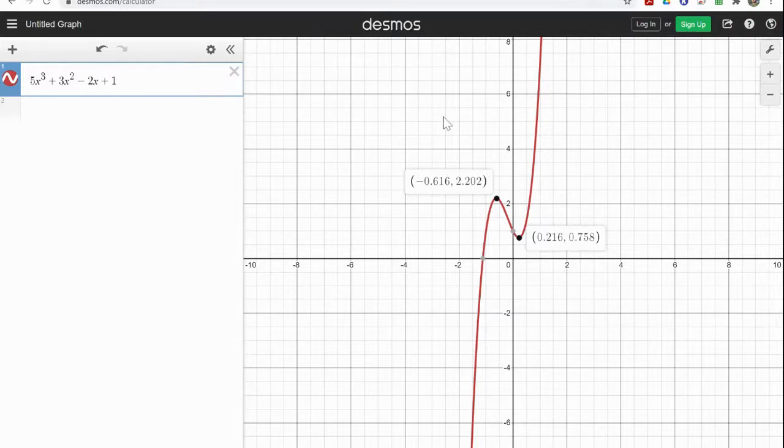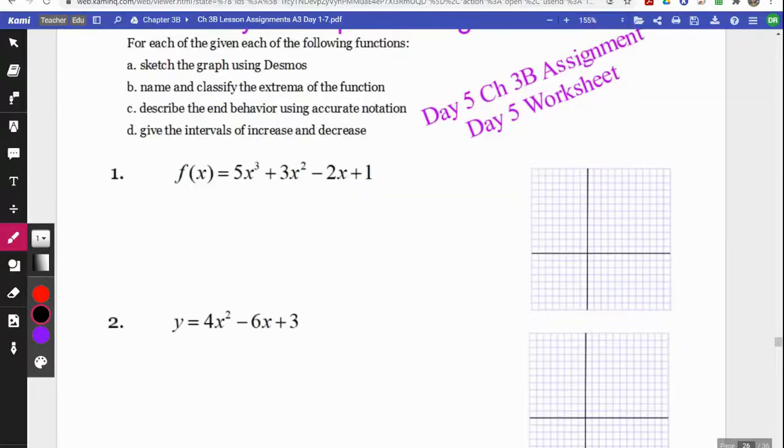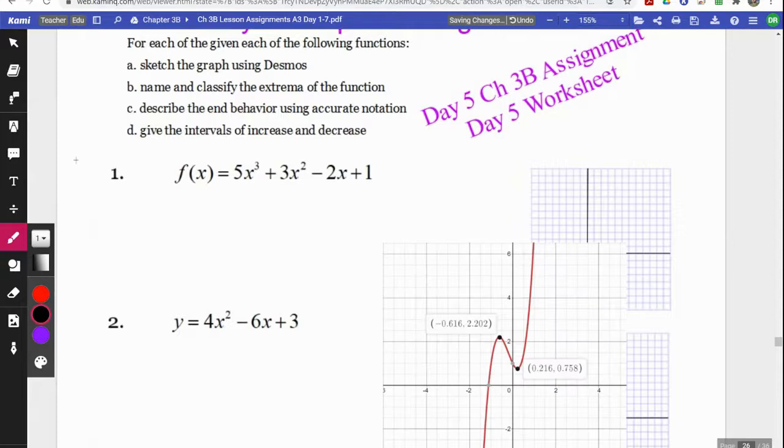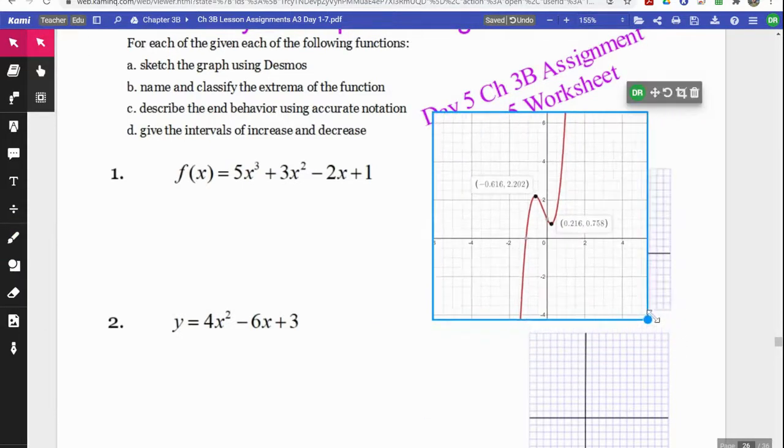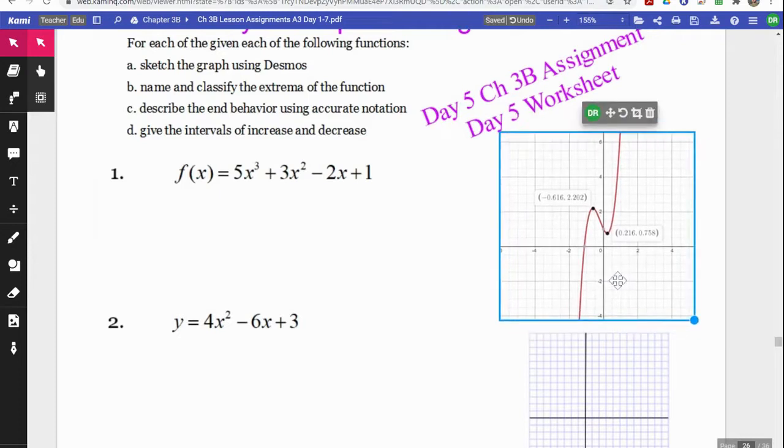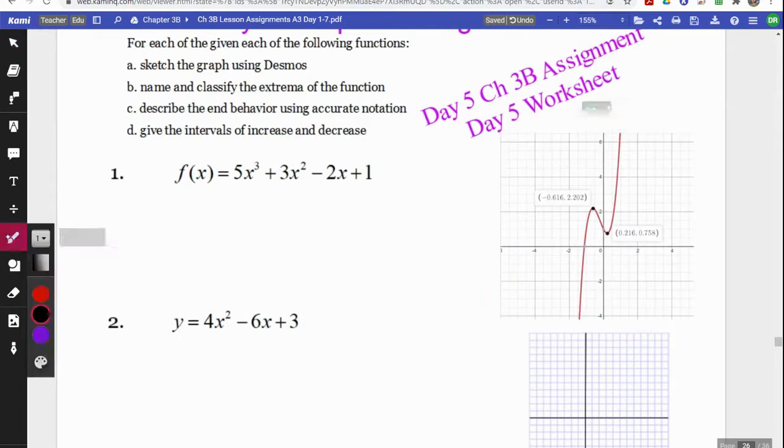Old graph, new graph. A little large. All right, so this is everything we need. We just need to be able to know the notation and classify things correctly.